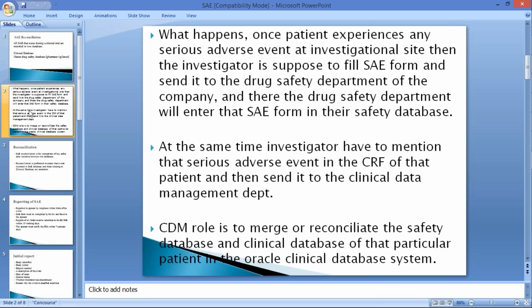Once the patient experiences any serious adverse event, the investigator is supposed to fill the SAE form, and the investigator is supposed to fill the adverse effect CRF. The CRF will be sent to CDM, and the safety reporting form is sent to drug safety.